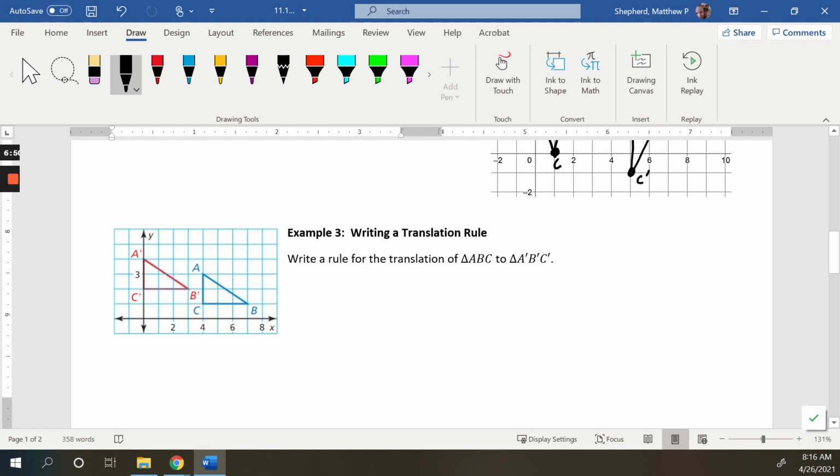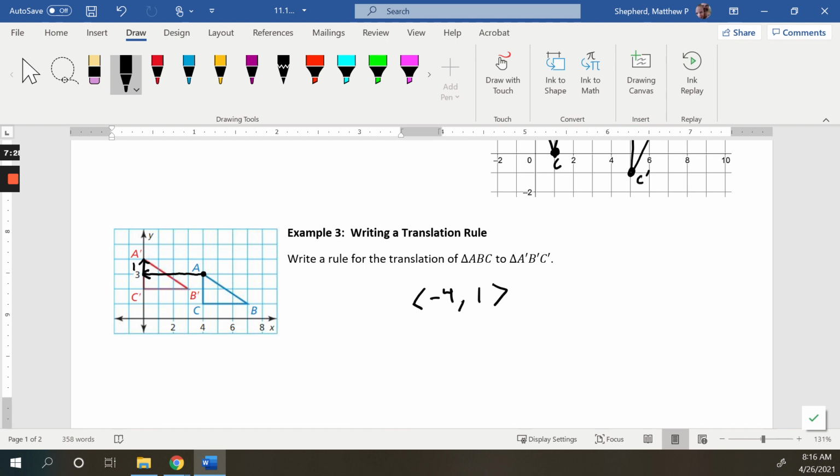All right, next it wants us to write a rule for this transformation. Let's just figure out how one dot goes to the next. Notice over here in red we have the primes, so we must be starting with the blue triangle. That's our initial one. So A looks like it goes back 1, 2, 3, 4. So my x component must be backwards 4, and my y component went up 1 place.